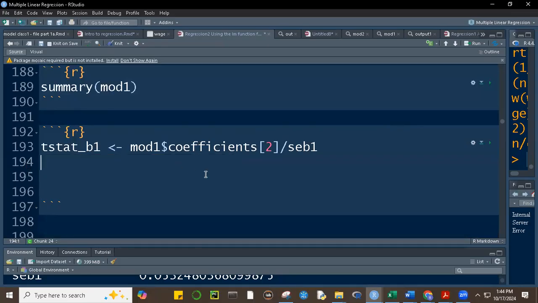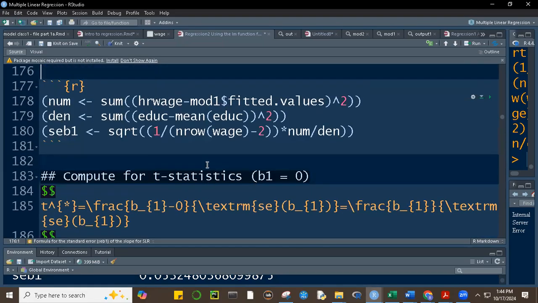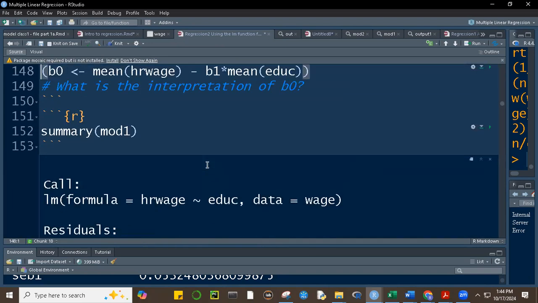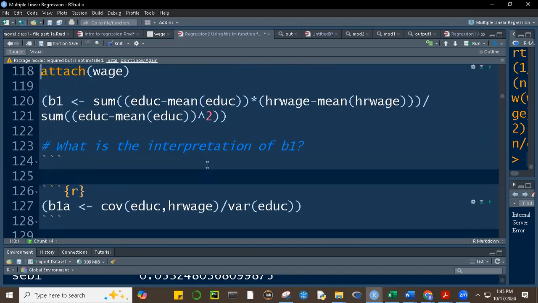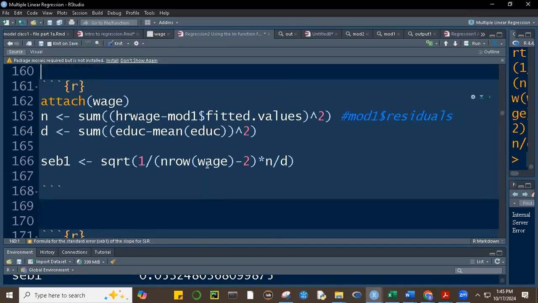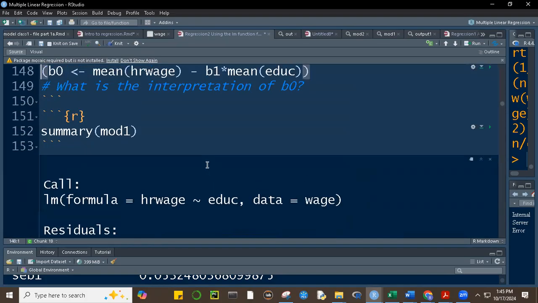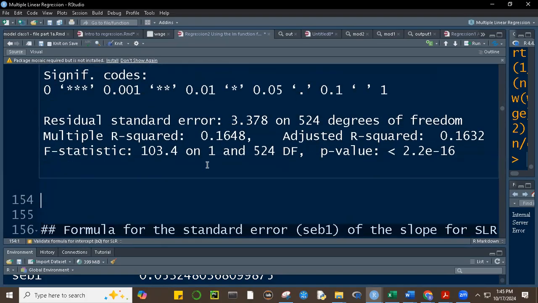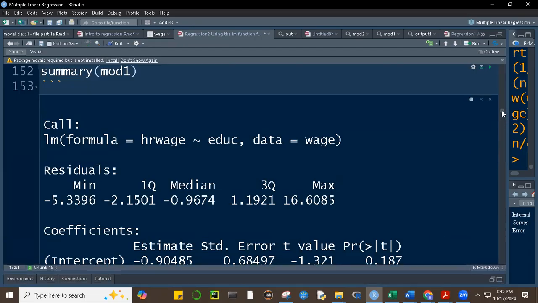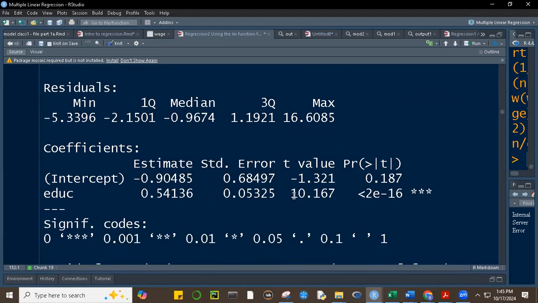And then what do you get, class? Are you getting the t value for B1? Here the t value is... Are you getting 10.167, class?